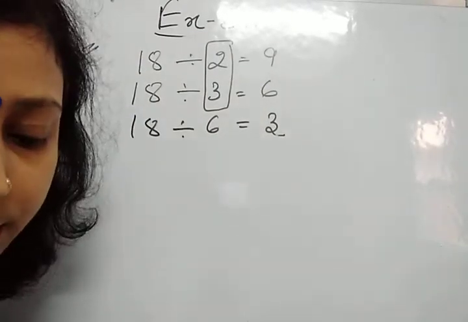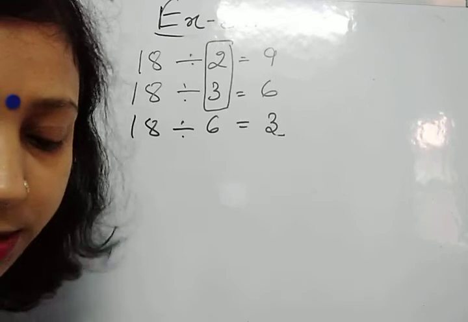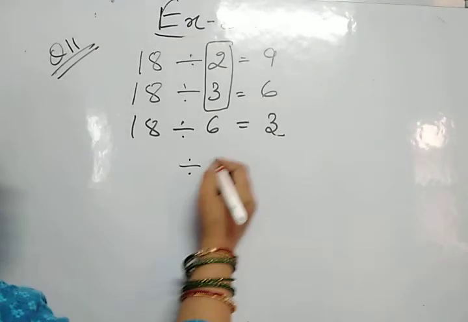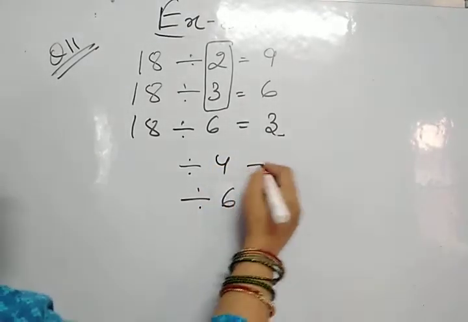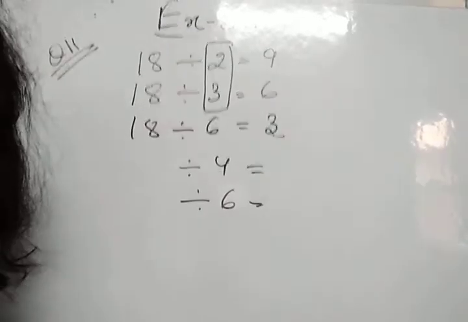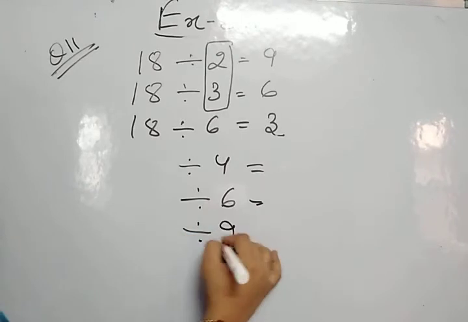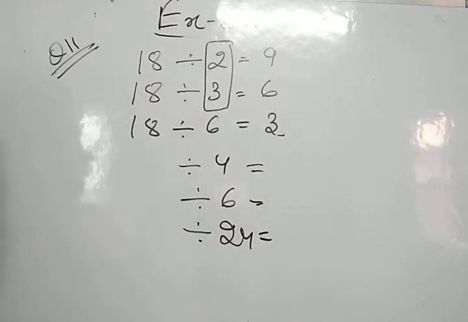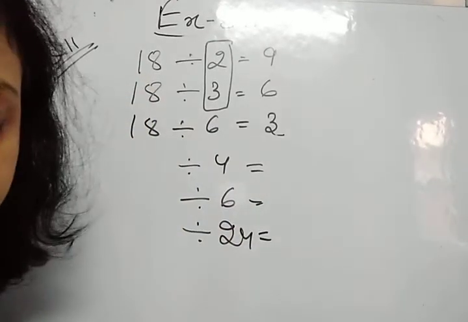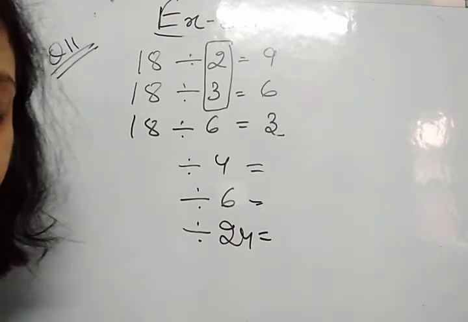In the same manner, if a number is divisible by 4 and 6 both, then is it necessary that it will be divisible by their product, meaning 24 also? Take any example to justify your answer.